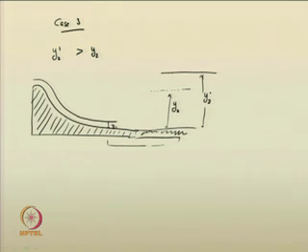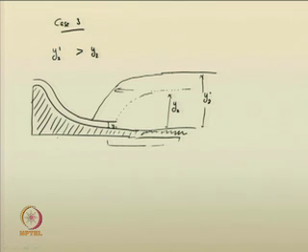So, the pre-jump depth needs to be shifted upstream like this. So, instead of occurring like this, the jump will occur something like this.